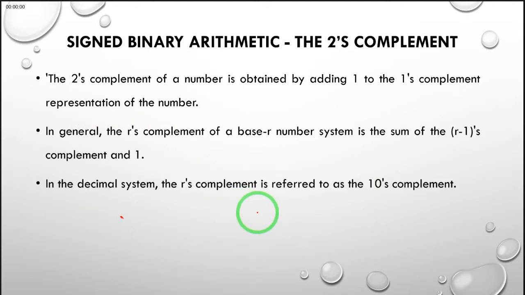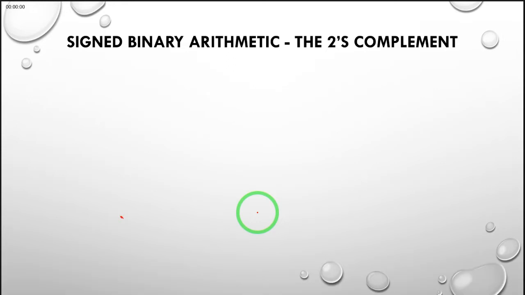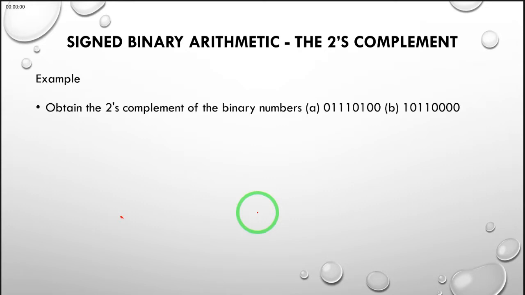So in the decimal number system, the r's complement is referred to as the 10's complement that I already mentioned, and the best way to learn how the 2's complement works is via an example. Our example says that we need to obtain the 2's complement of these binary numbers. This is the first binary number, and this is the second.